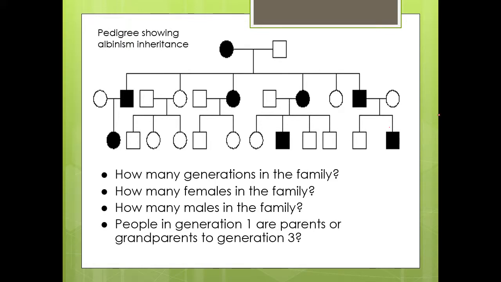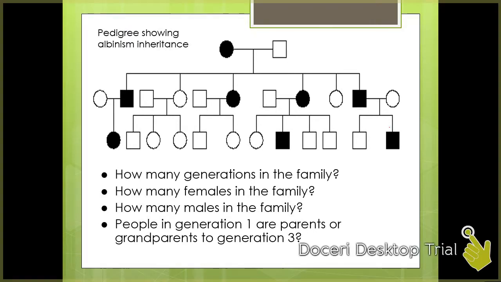The next question asks, are the people in Generation 1 parents or grandparents to Generation 3? So what that's asking is, this is Generation 1, this is Generation 3. Are these individuals parents or grandparents to these individuals?